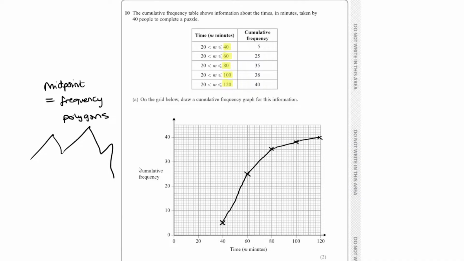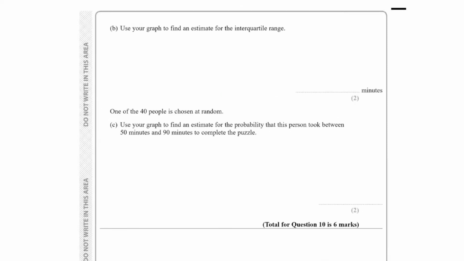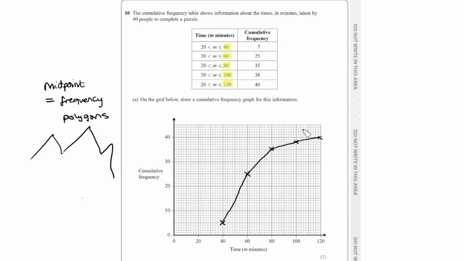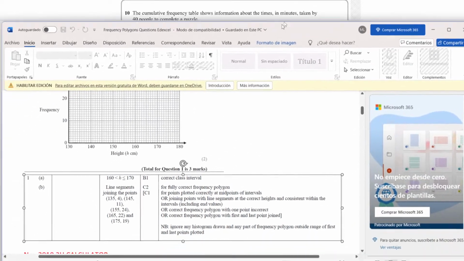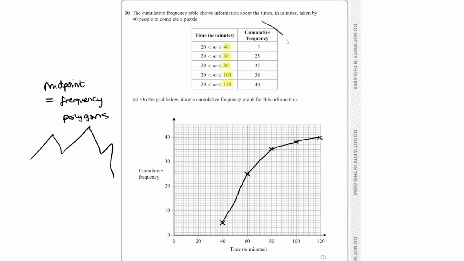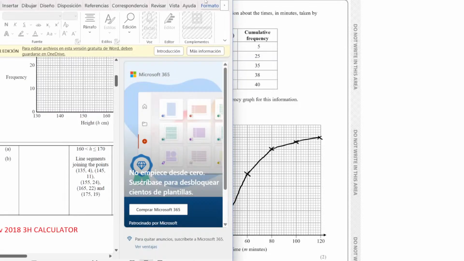I'm going to copy just the mark scheme, really quick. It doesn't let me paste it. Okay, I'll just bring this over. What is it doing?